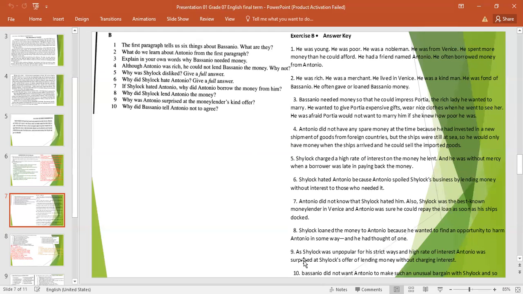As Shylock was unpopular for his strict ways and high rate of interest, Antonio was surprised at Shylock's offer of lending money without charging interest. The last question is why did Bassanio tell Antonio not to agree? Bassanio did not want Antonio to make such an unusual bargain with Shylock.